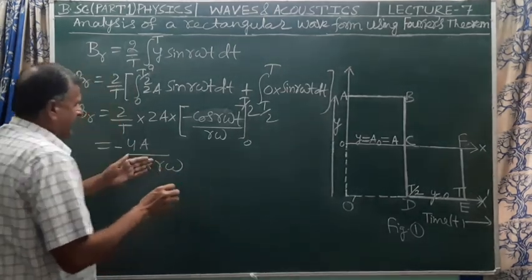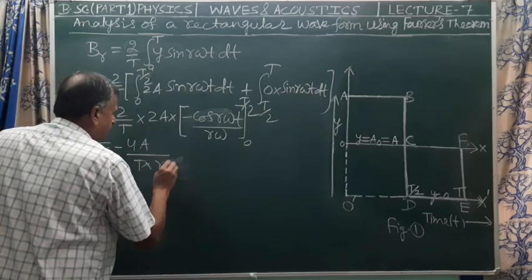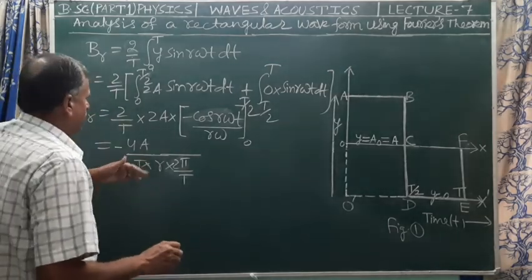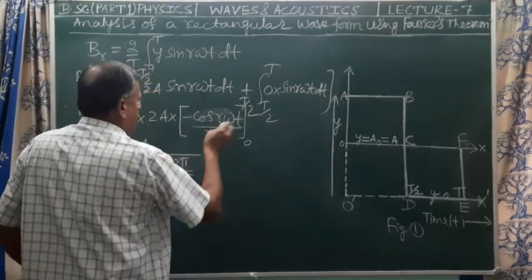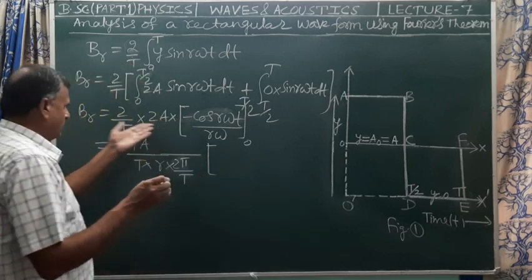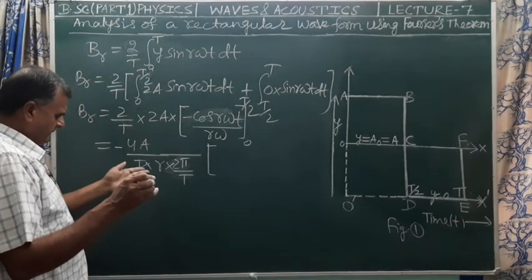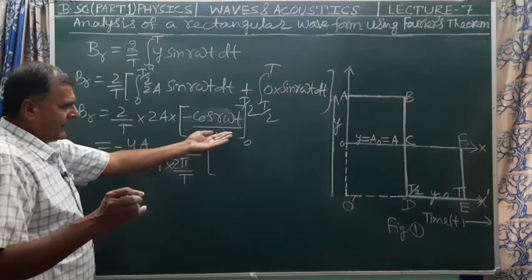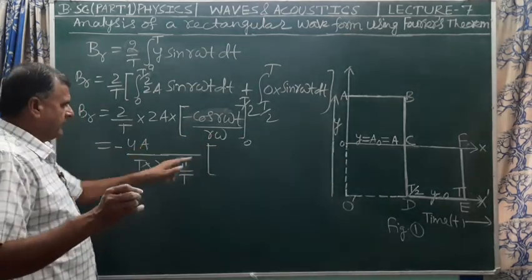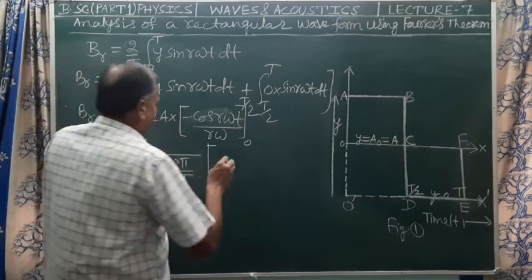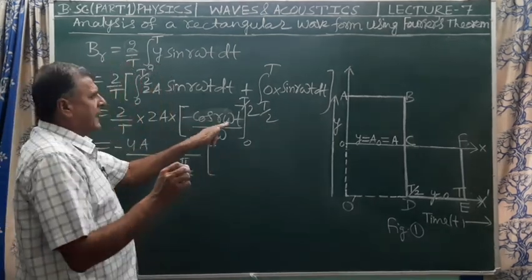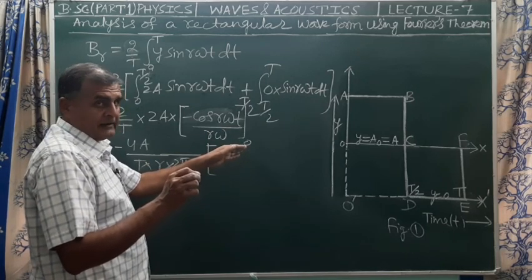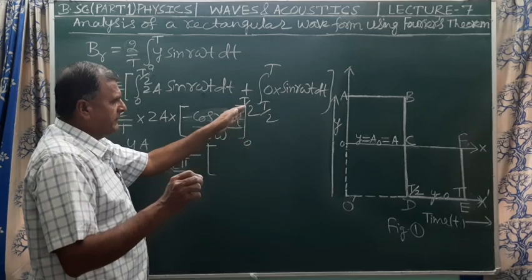Omega can be replaced by 2 pi upon T, angular velocity omega equals 2 pi upon T. Inside the bracket, minus is taken out, so it is minus 4a upon T into r, and omega is replaced by 2 pi by T. Now inside the bracket only cos r omega t, and the limits are: lower limit is time t equal to 0, upper limit is T by 2.